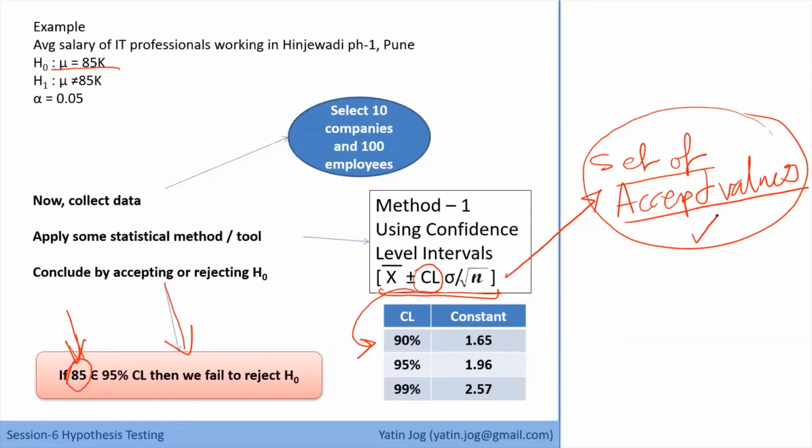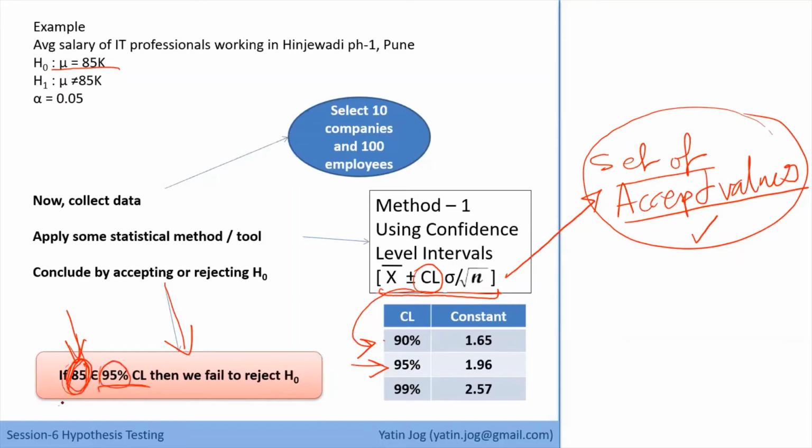So the same thing is written in rule format. If my 85, which is the H0, belongs to the 95% confidence level, if I'm checking at 95%, and if you are checking at 90%, it will be the 90% confidence level. So whatever confidence level you are using, that constant.